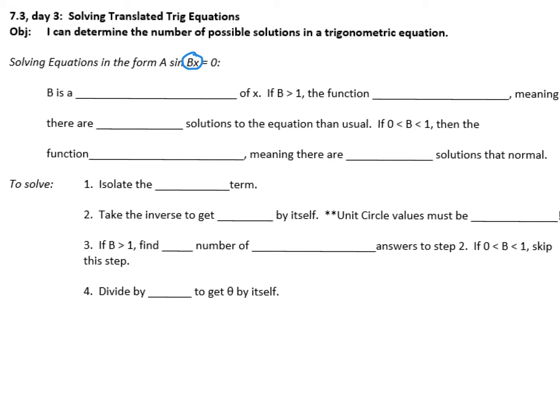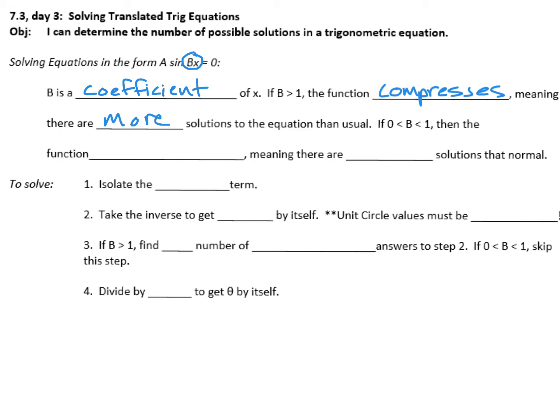All right, so b is what we call a coefficient of x. In other words, the number that goes right in front of it. If b is greater than 1, the function compresses, meaning there are more solutions than normal, okay?